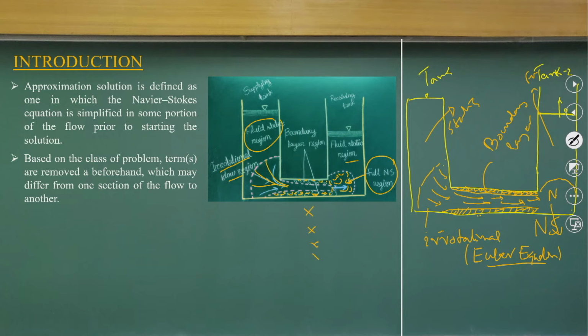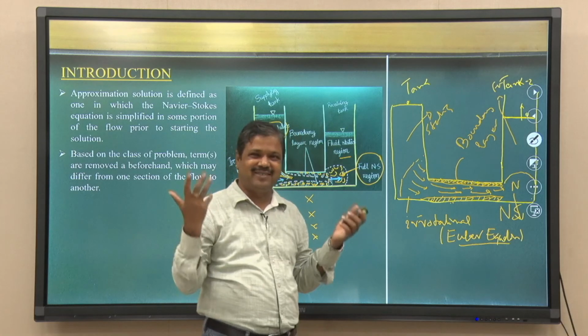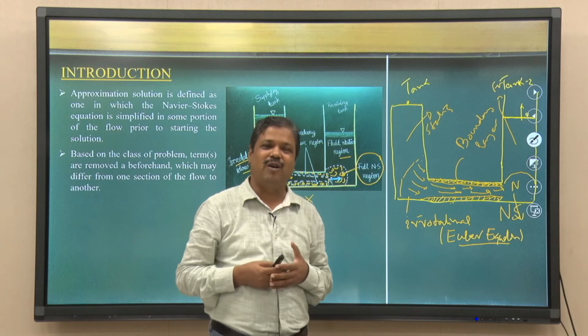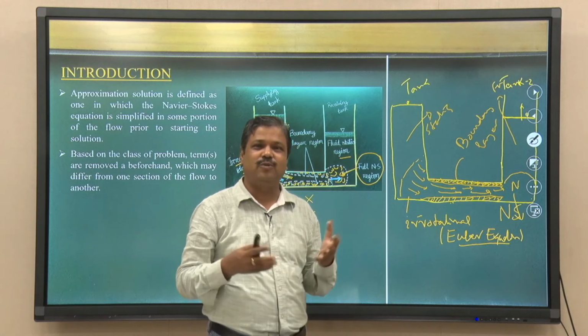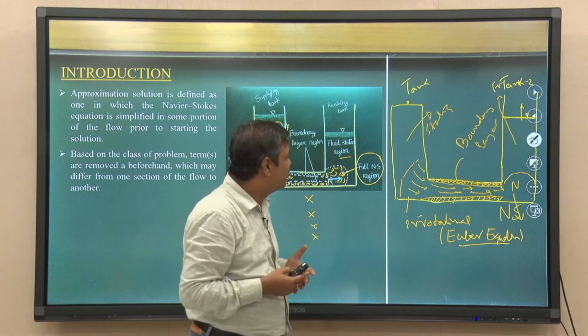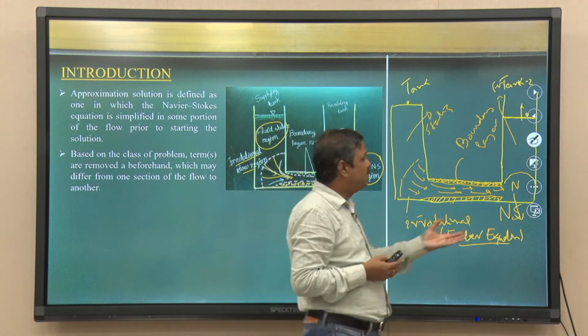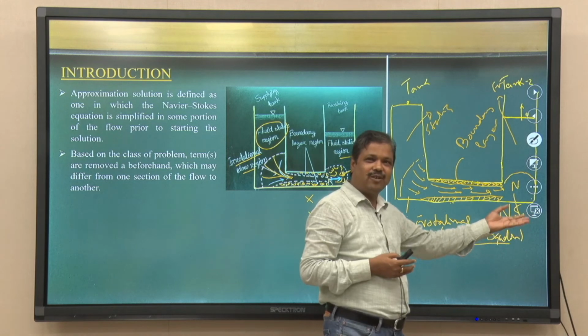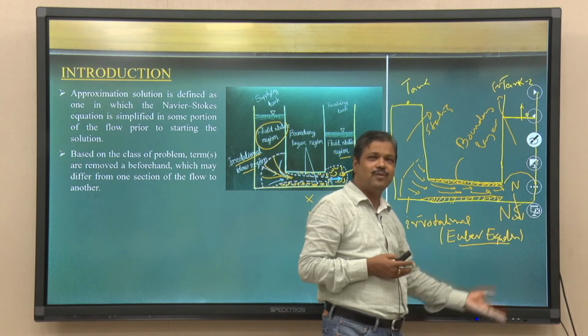So, in these simple cases, we have 4 types of conditions. Fluid at rest, which we discussed at the very beginning. We also discussed the irrotational flow area, which is Euler equations. We also discussed the Navier-Stokes equations. We approximate it, or we know it from computational fluid dynamics.